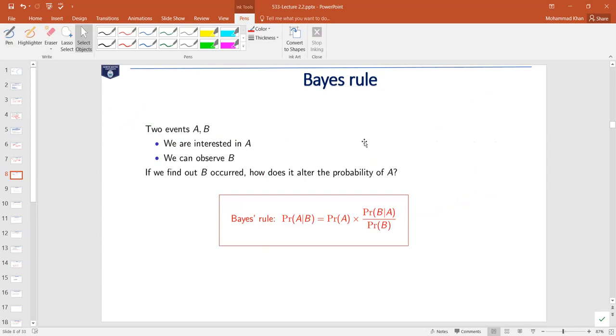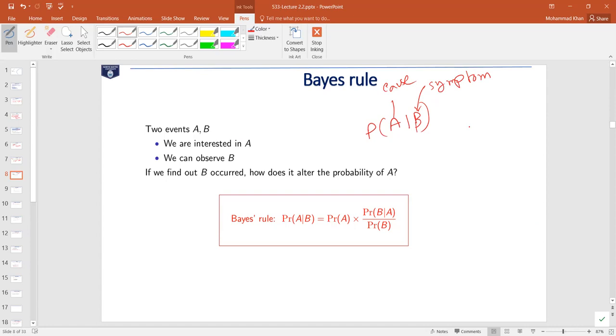Now, the Bayes rule, we can use Bayes rule to find out a probability like this. Using Bayes rule, we can find probabilities that are difficult to find. For example, maybe we want to find out the probability of A given B. So basically, we have some symptom, and we are going to find out the cause.